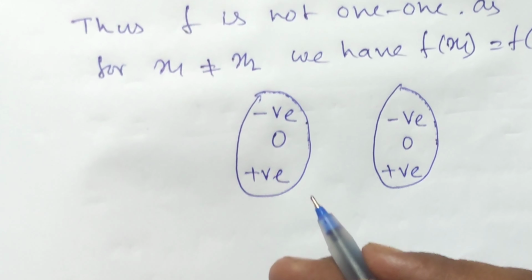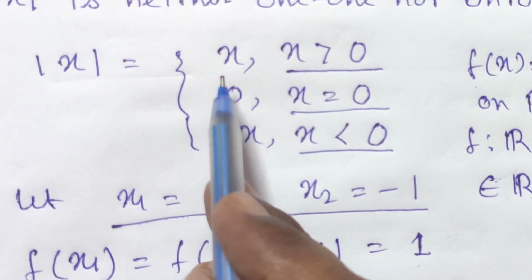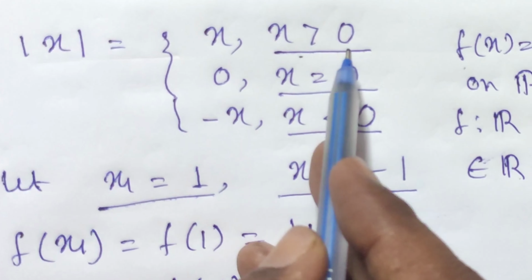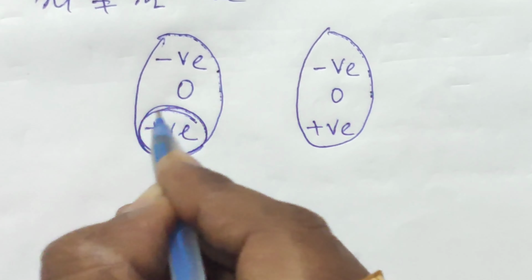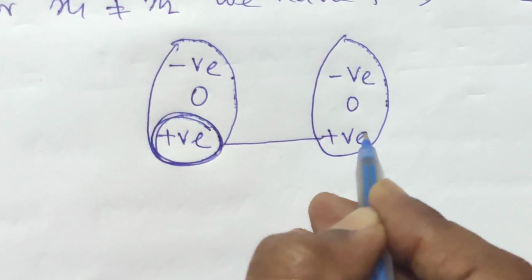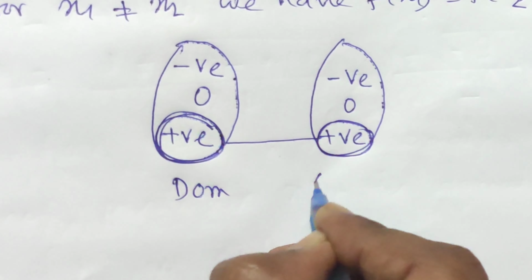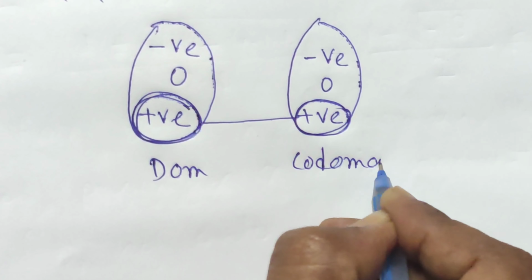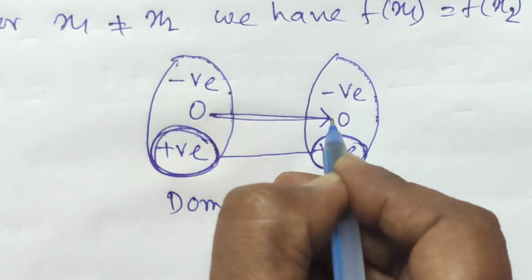By the definition of mod x, mod x is x if x is positive. So all the positive values will map with positive numbers in the codomain set. This is the domain set and this is the codomain set, right? And 0 will map with 0 by the definition of mod x.